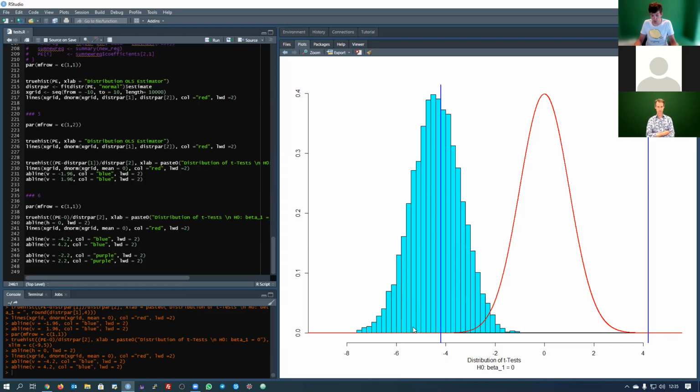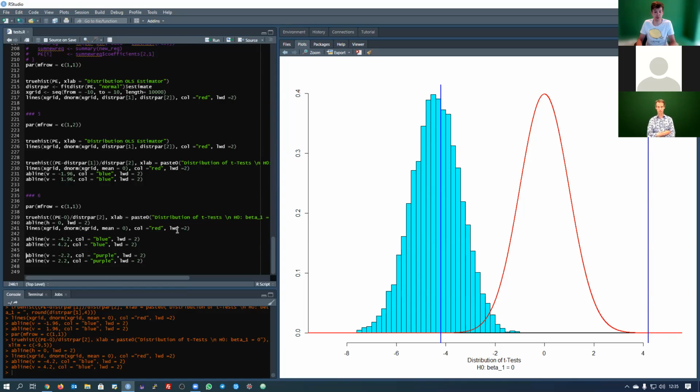It's 0.002%. So the probability of wrongly rejecting the null hypothesis here just by chance, just by random sampling, is very small. So you have a strong signal that the null hypothesis is in fact wrong and that you can actually reject the null.